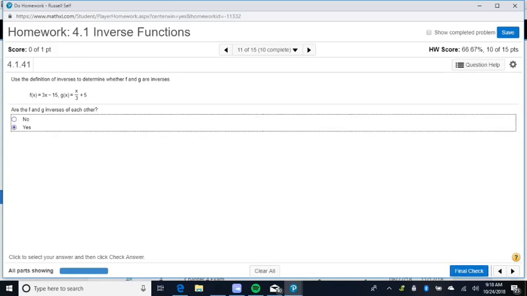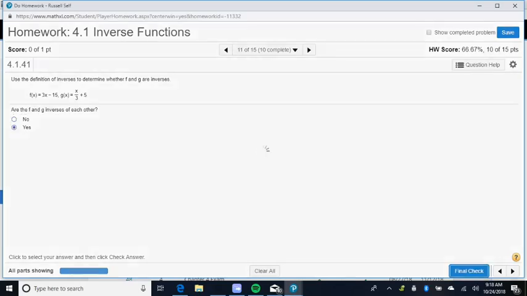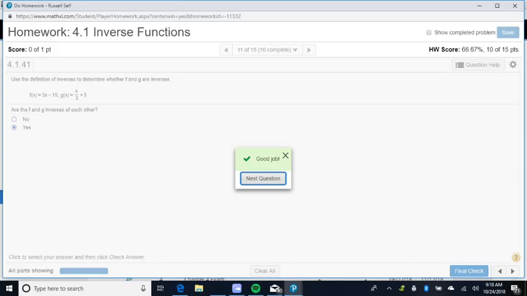Okay, so let's click on yes and check that just to make sure I haven't messed it up. There you go. Now you could do more numbers if you want to on that chart just to be sure, but you don't have to. Just be very careful that you know one of them is an x, so you're going to put in place of x. The other one's a y, you're going to put in place of y. Otherwise, it won't work.